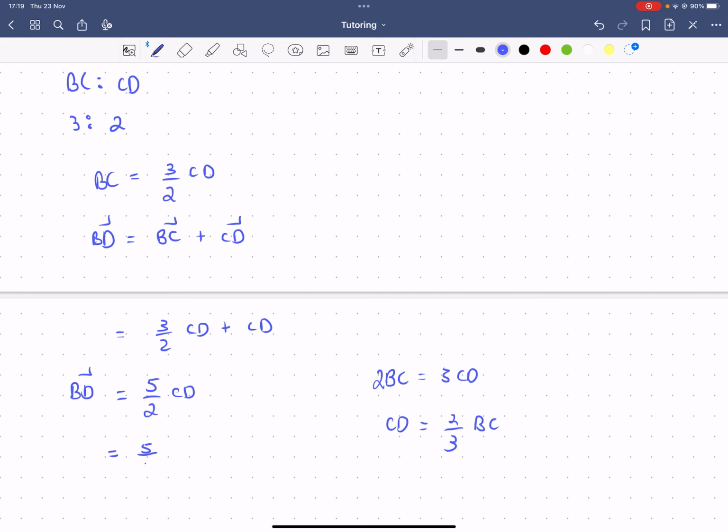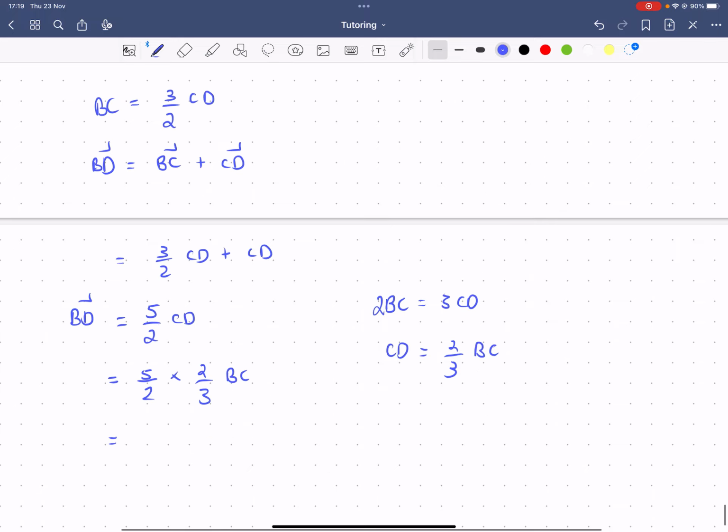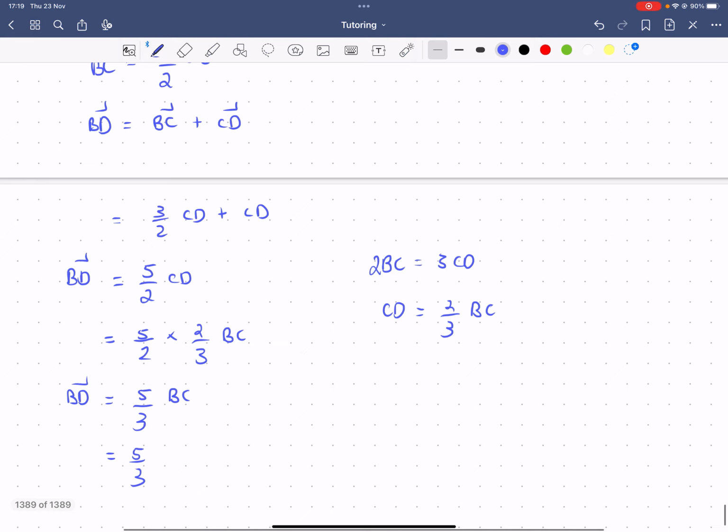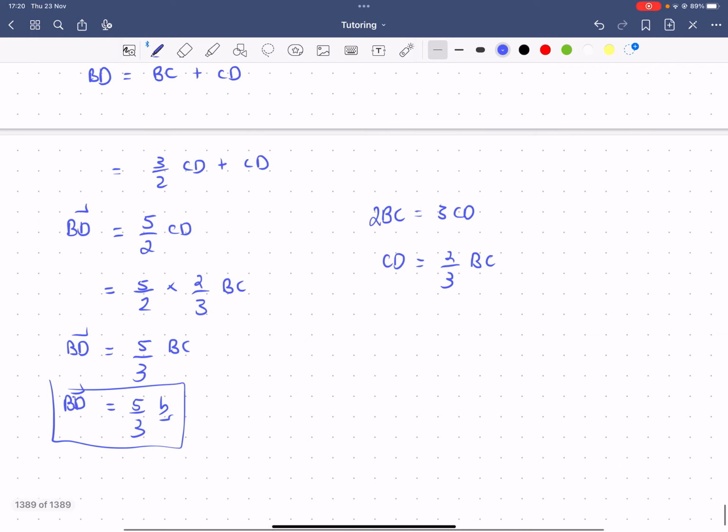So 5 on 2 times CD, which is 2 on 3 BC, is 10 on 6, which is 5 on 3 BC. BC is equal to the vector B, so BD is 5 on 3 B. I think there would have been a much quicker way of getting that, but I got there eventually.